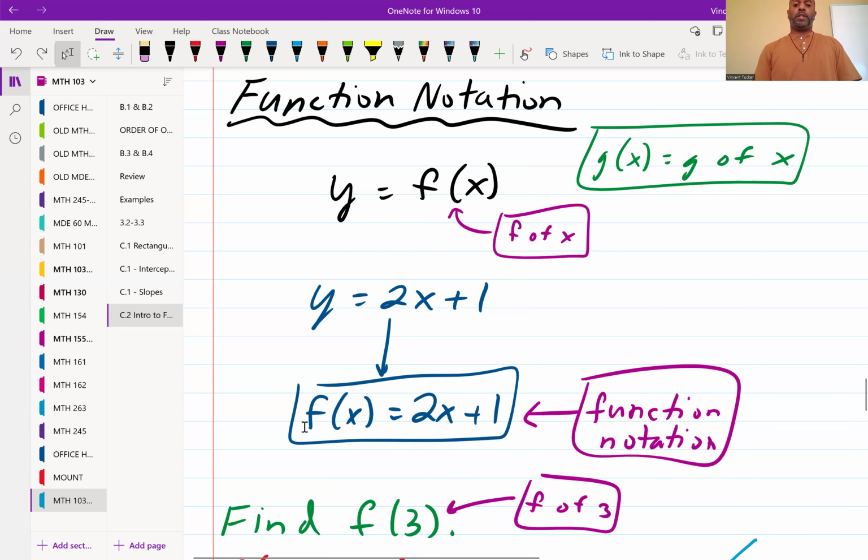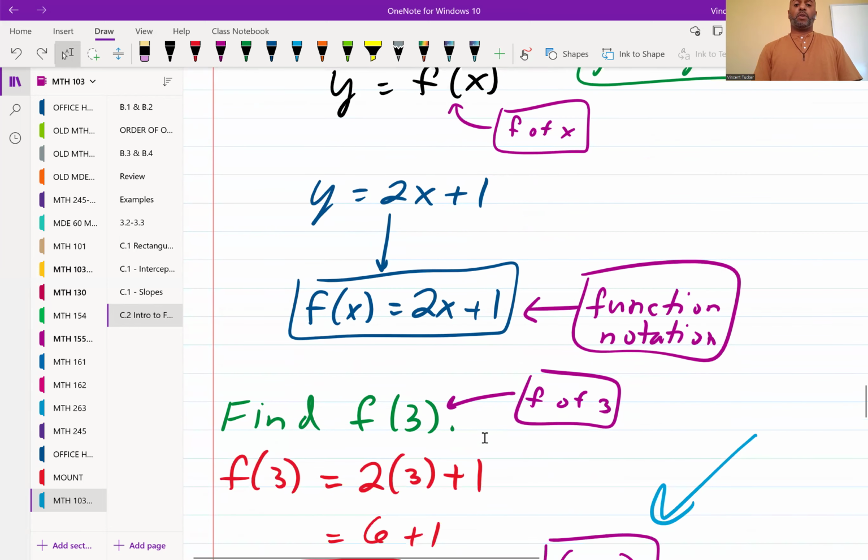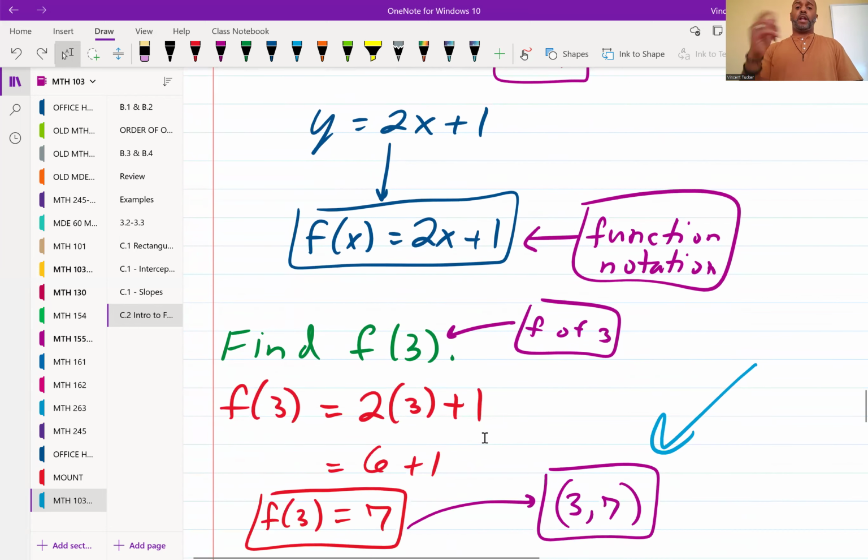So we already have our equation: 2x plus 1 is f of x. And that just means I'm going to plug 3 into 2x plus 1. That's the main reason we use function notation, to give instructions without a whole bunch of words.